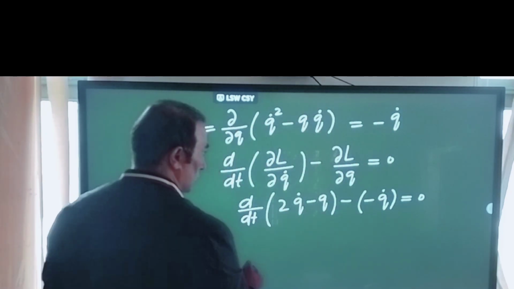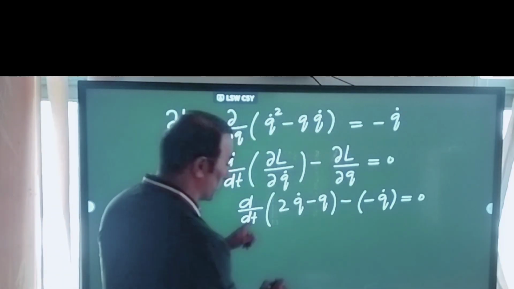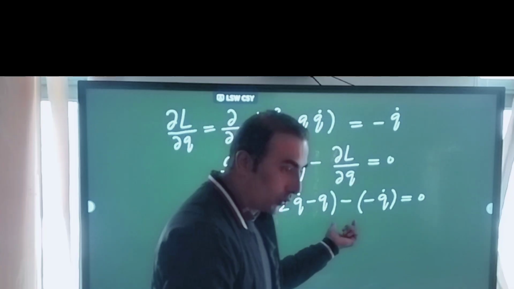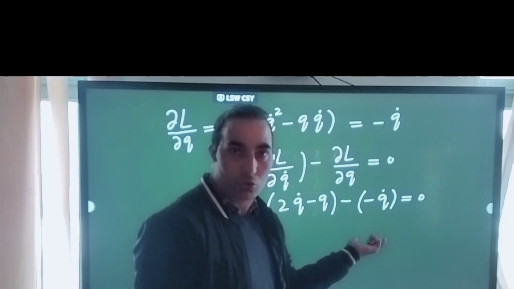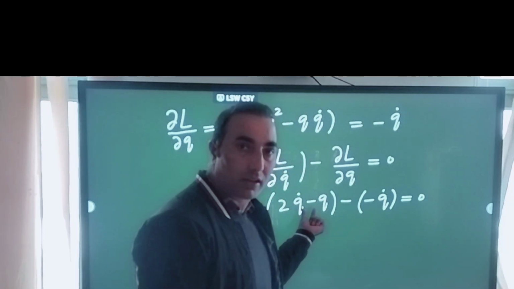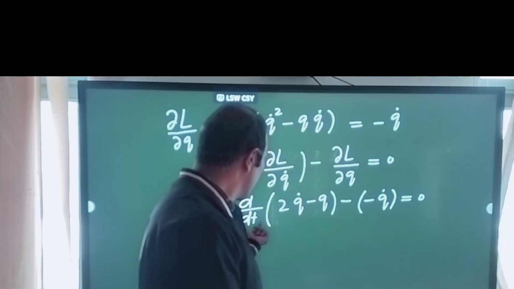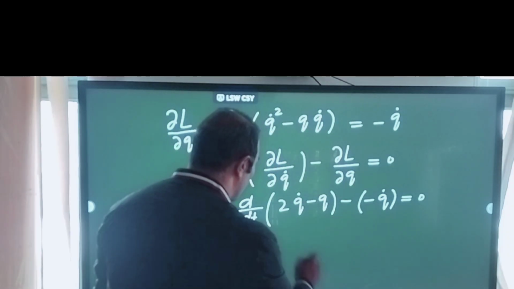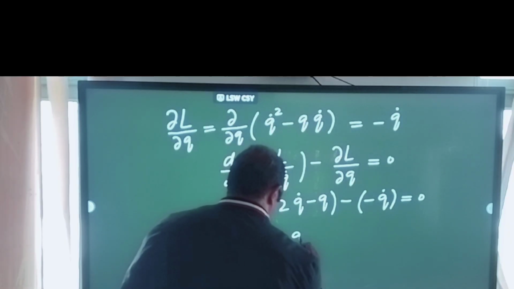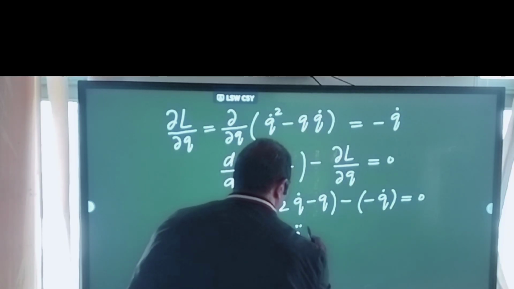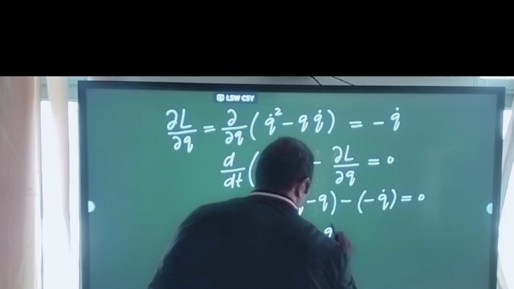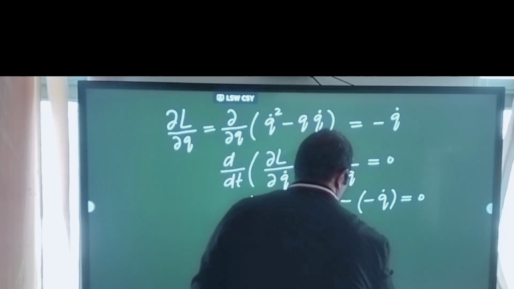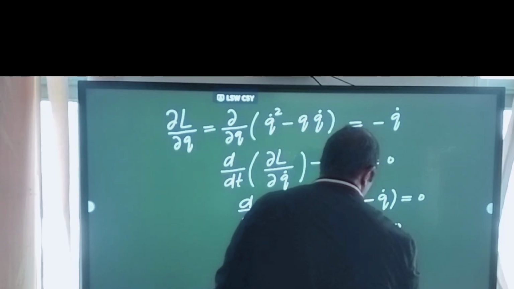So that's equal to 0. This is equal to, so this will be plus, and I need to differentiate this with respect to t. Like आप निकालते हो, because if q is equal to x, so this is dx by dt, that's q dot. And similarly, this is velocity, right? So you differentiate it with respect to time, that gives us acceleration. So that means it will be q double dot. तो इसको मैं देख सकता हूँ as 2 q double dot minus q dot plus q dot, that's equal to 0.